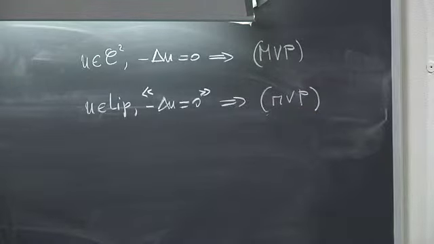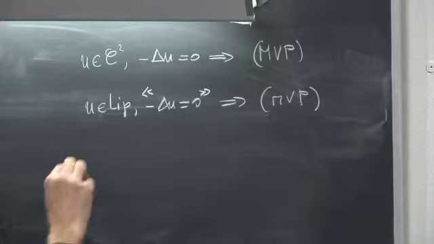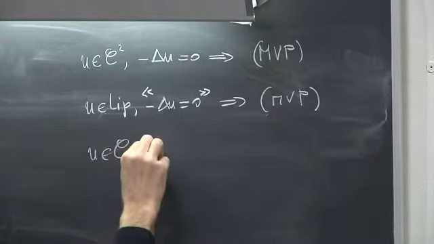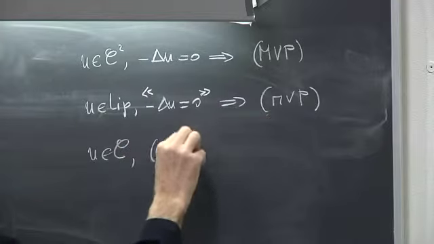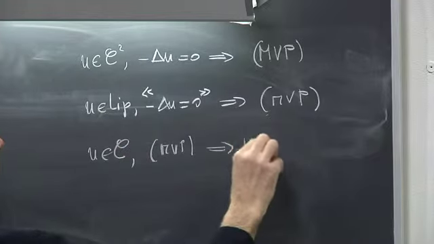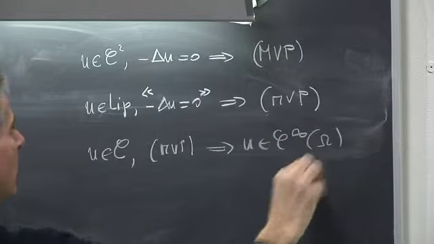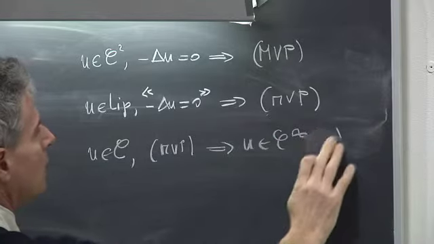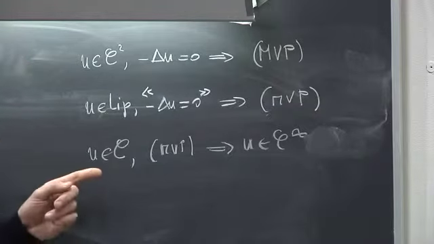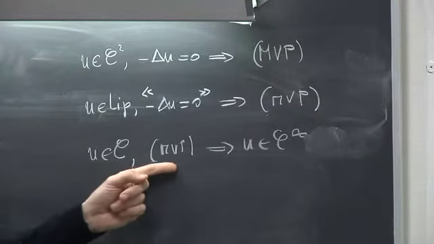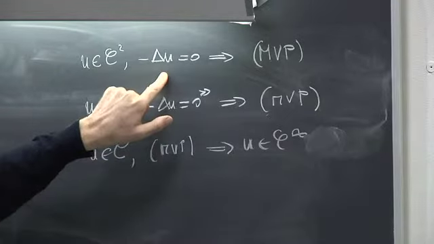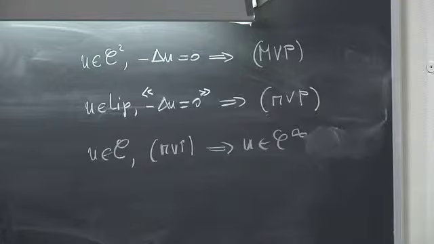Now we are showing that u continuous with mean value property implies u in C infinity, in particular C2. And then we will prove that this will imply that actually u is harmonic in the classical sense. Okay? So let us see the proof of this theorem.